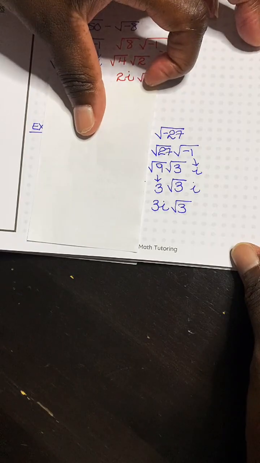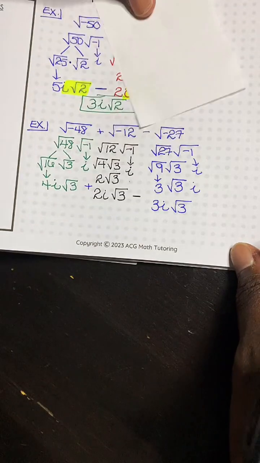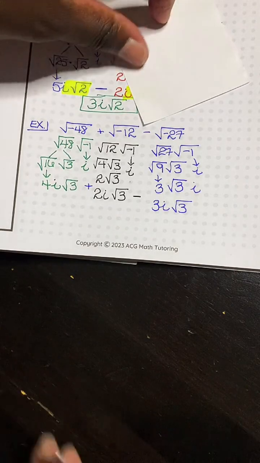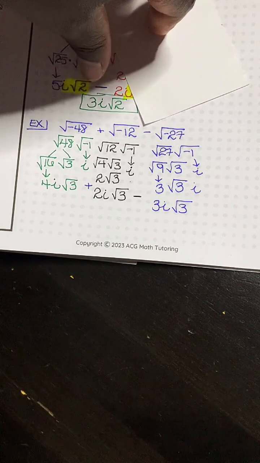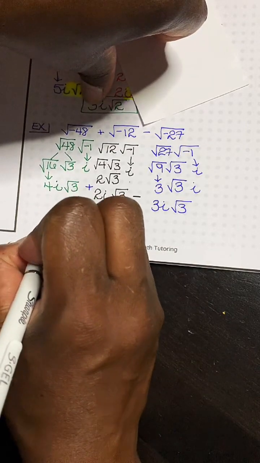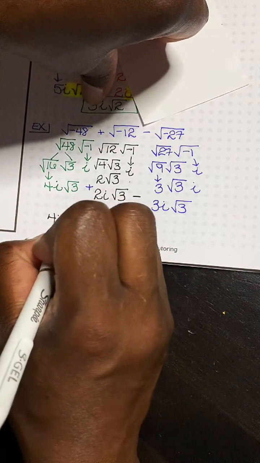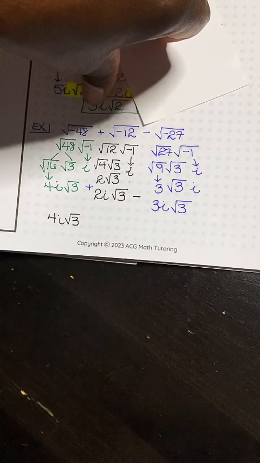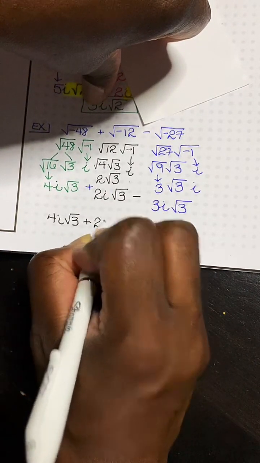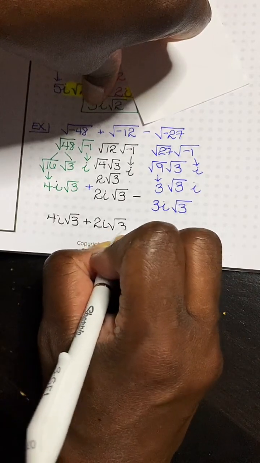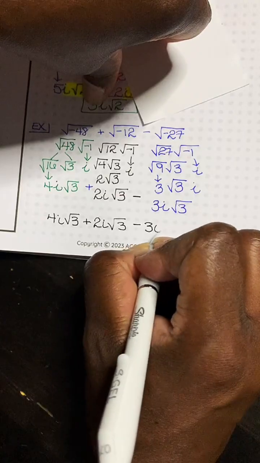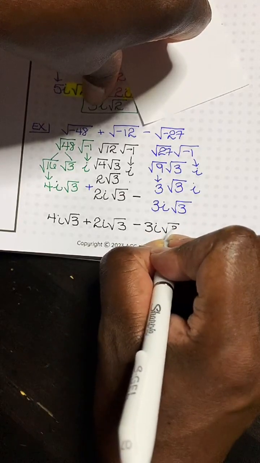All right. So now, let's clean this up. So we have our 4i square root of 3, plus our 2i square root of 3, minus our 3i square root of 3.